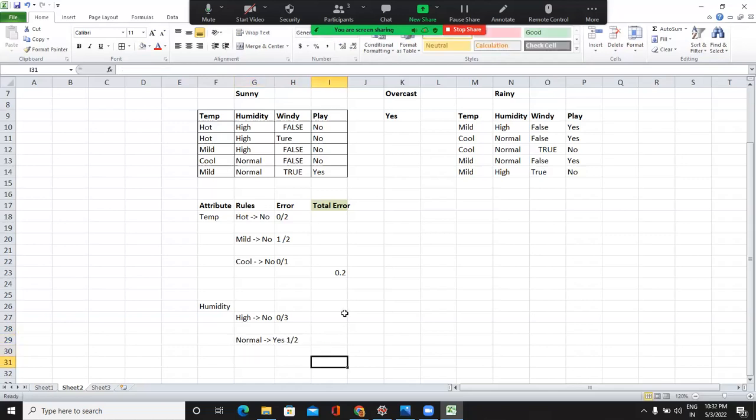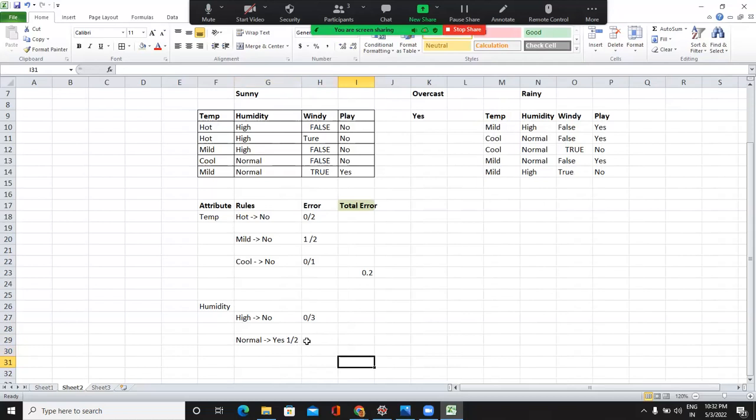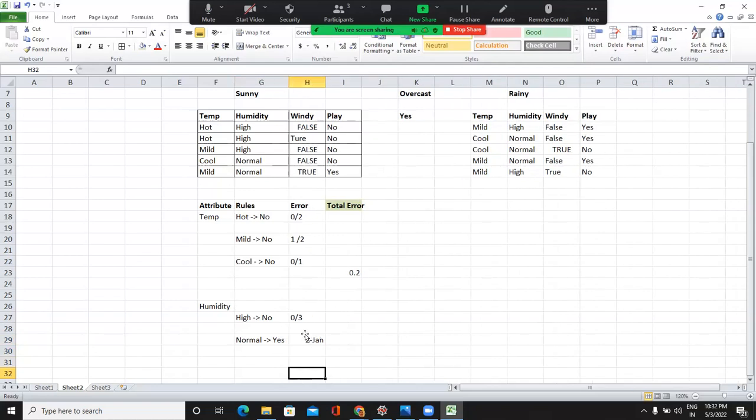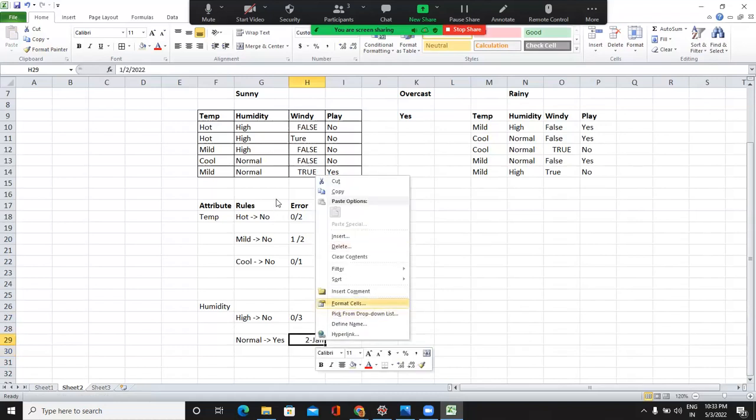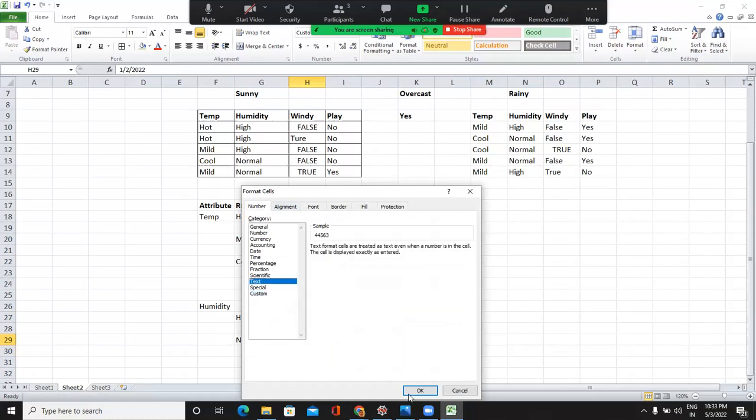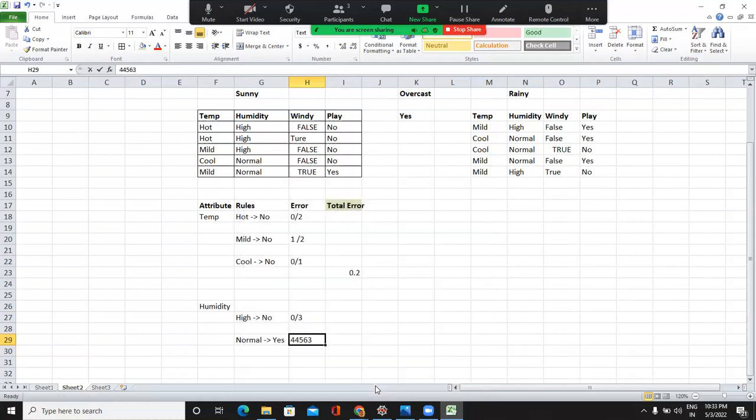So the total error will be 0 plus 1, that is 1 divided by 5.